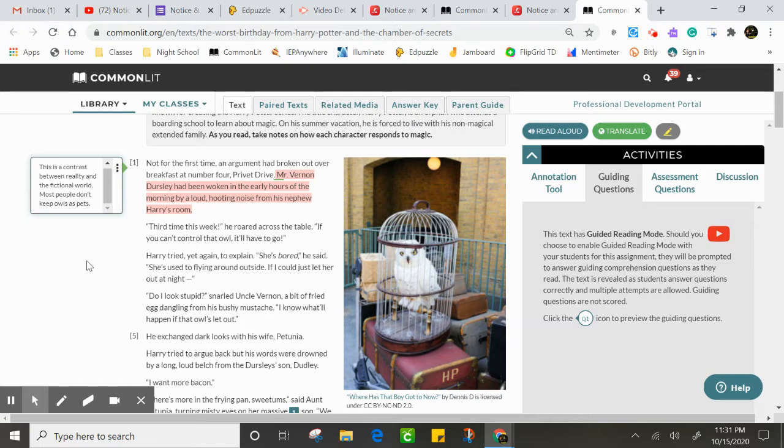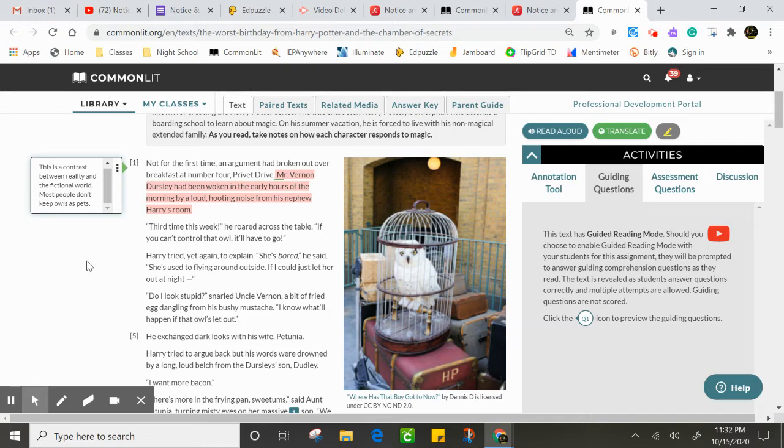So the next thing I need to think about is, how is this difference between the fictional world that these characters live in and my real world that I live in, the real reality? How might this start to set up the conflict for me? So not knowing anything about the Harry Potter world, I might not be able to answer that right away.